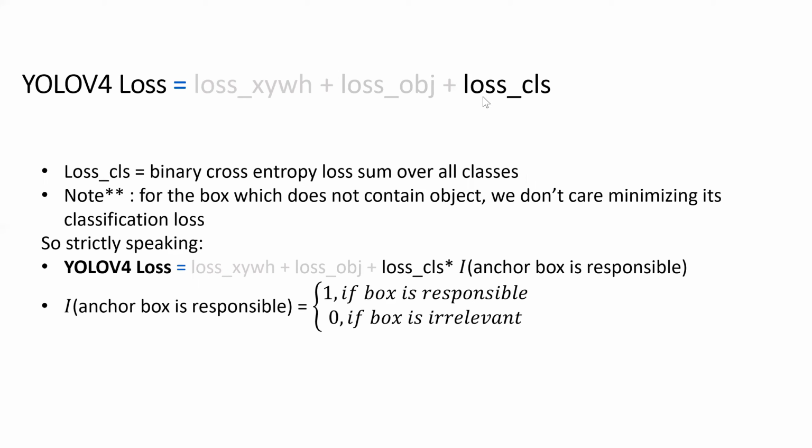For the loss for the classification, it just uses the binary cross entropy loss summed over all classes. But my note is that for a box which does not contain an object, we don't care about minimizing its classification loss. Strictly speaking, we only incur loss when the anchor box is responsible for an object. So here I add an indicator function, which takes 1 if the object is present inside the box.